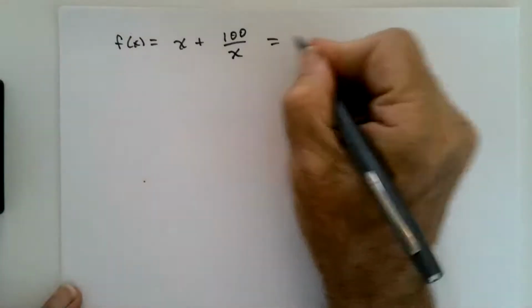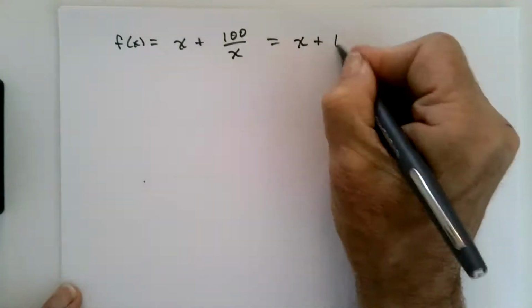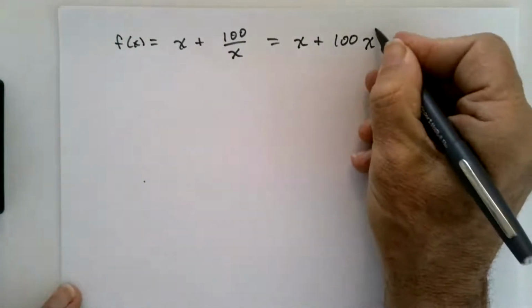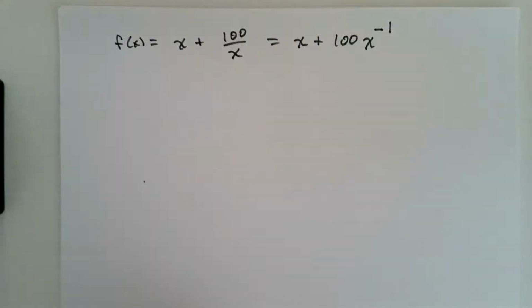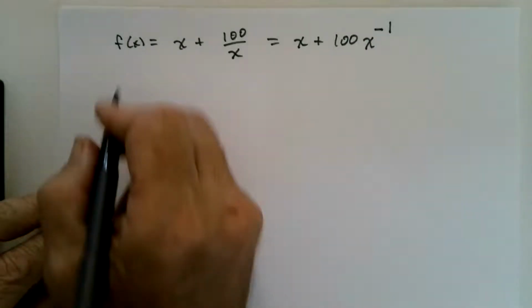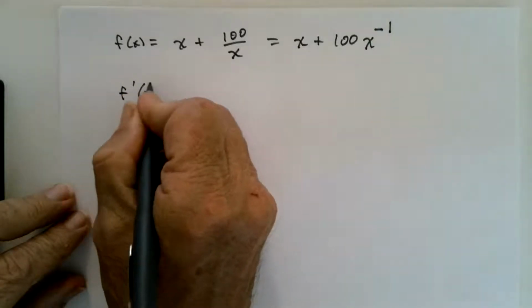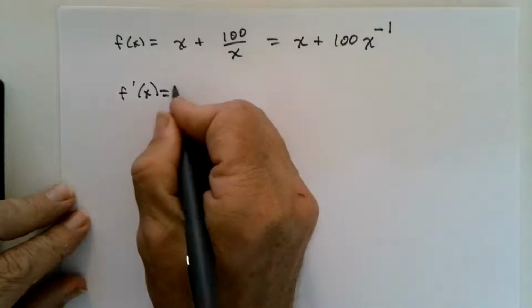What do I have? I have f of x, which is the same as x plus 100 x to the negative 1. And if we are finding critical values, we've got to take the first derivative and set it equal to 0. So what is f prime of x? The derivative of x is just 1.